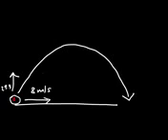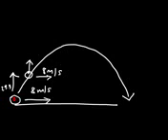What's going to happen 1 second later? So 1 second later, what's going to happen to Vx and Vy? Now, it's important to understand that Vx will not change for projectile motion. Gravity does not affect Vx, it affects Vy. So 1 second later, Vx will still be 8 meters per second, Vy is going to decrease by 9.8 meters per second every second.